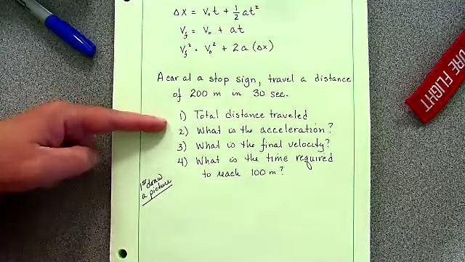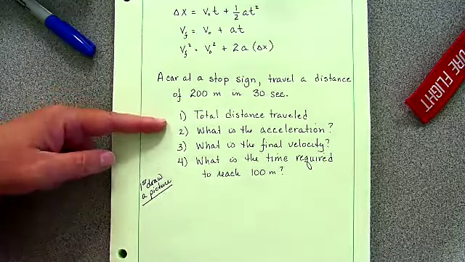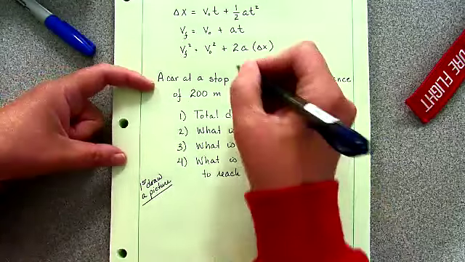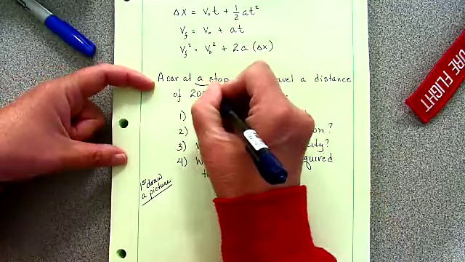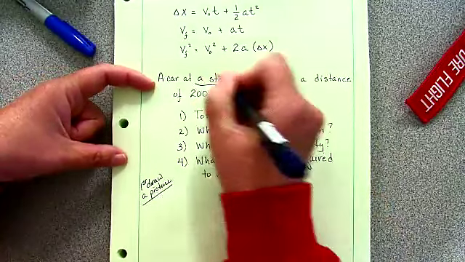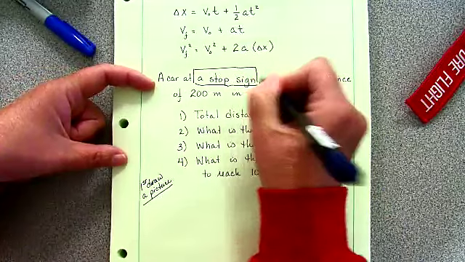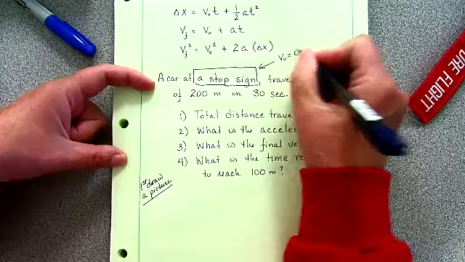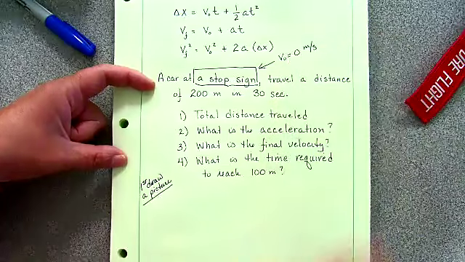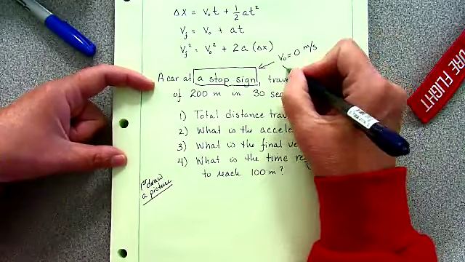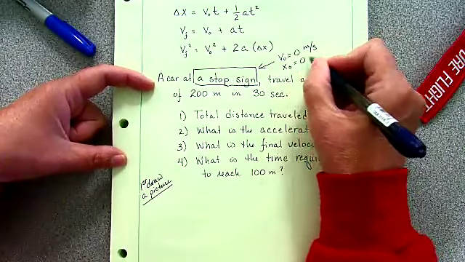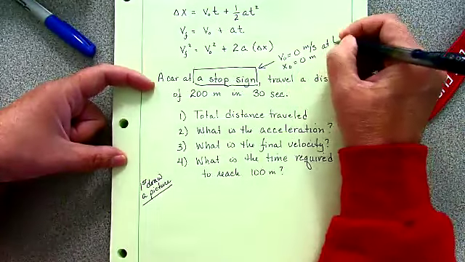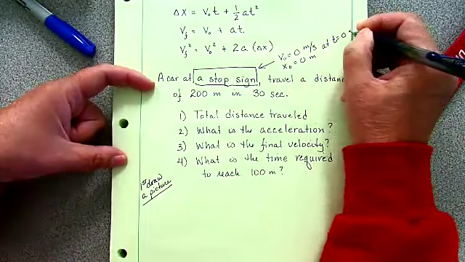So the first question is asking, what is the total distance traveled? Well, we've got a car at a stop sign. This tells us some key information. This tells us that our initial velocity is equal to 0 meters per second, and we can start with our initial position as being 0 meters, at time equal to 0 seconds.